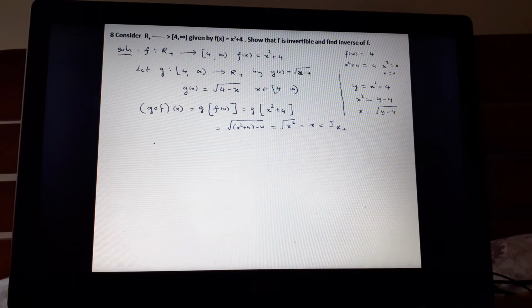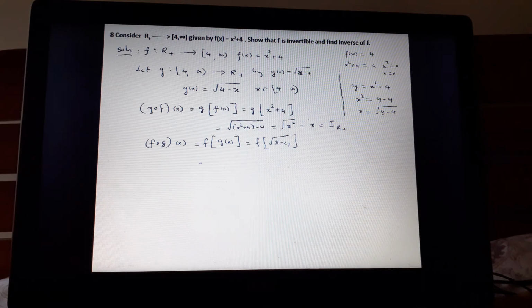Then I have to take f of g of x. So f of g of x is f of square root of x minus 4.